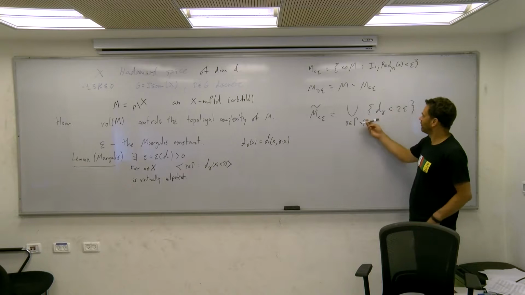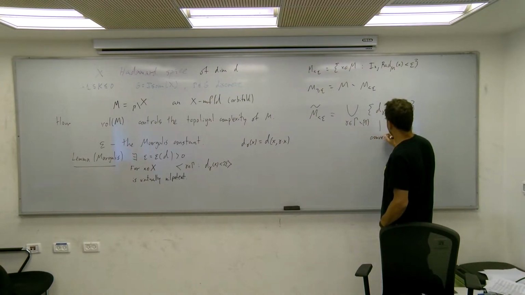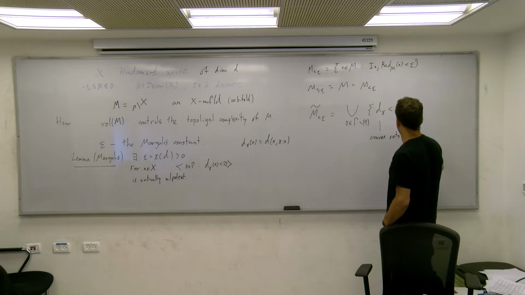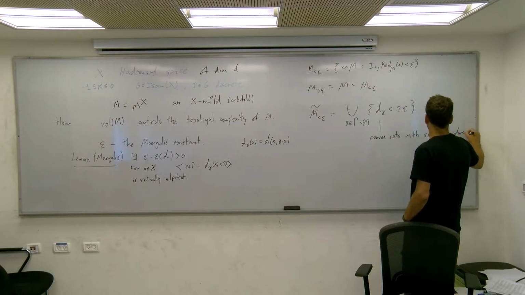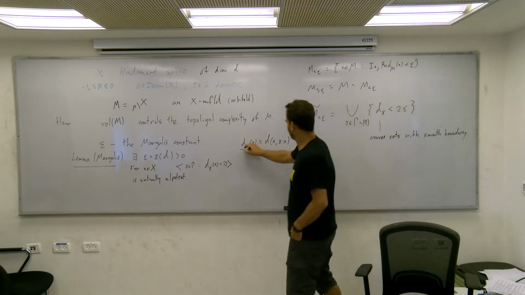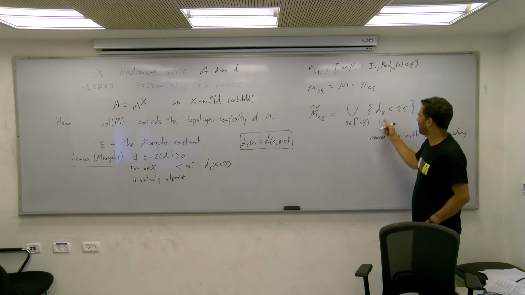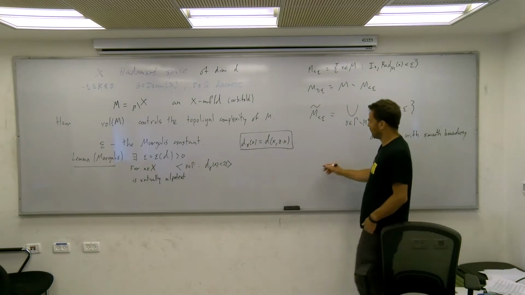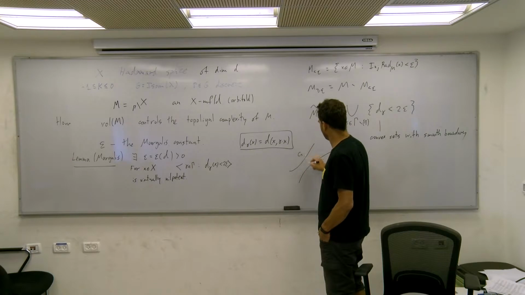And this is a union of convex sets with smooth boundary. What is d_gamma here? d_gamma is the displacement function. Because of the non-positive curvature, the distance between any two geodesics is a convex function.